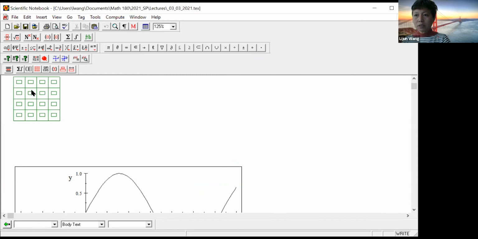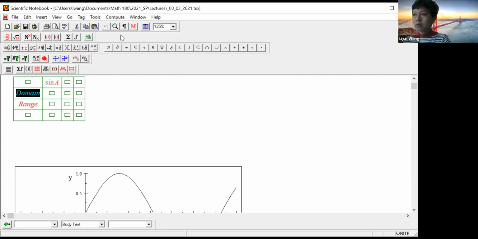One function is sine of A, right? When we talk about this function, domain and range.